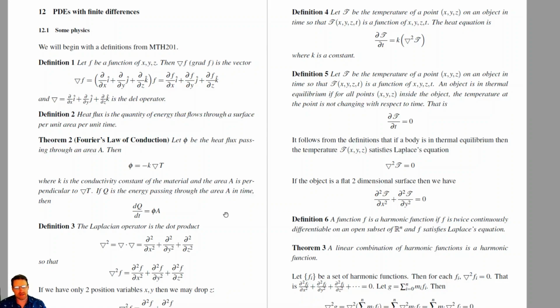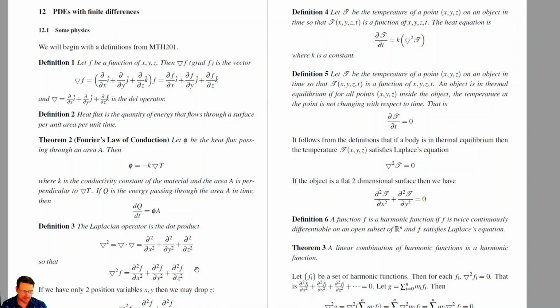The Laplacian operator is the dot product of this del operator, so del dot del. And now when you take the dot product of two of these vectors, remember the i coefficient gets multiplied with the i coefficient, so we have d2 on dx squared for the first part of it, and we add these results together because it's a dot product.